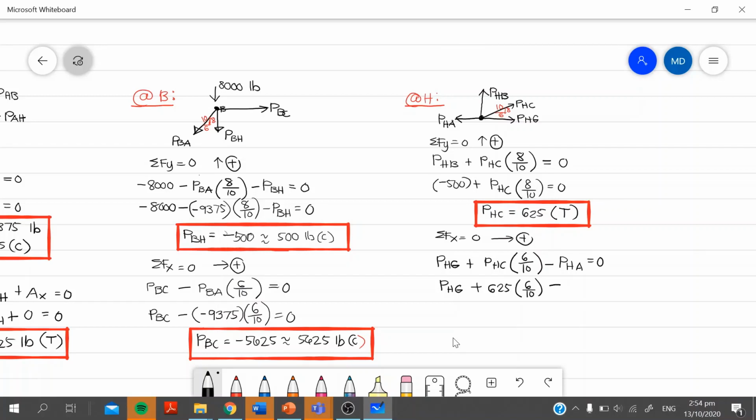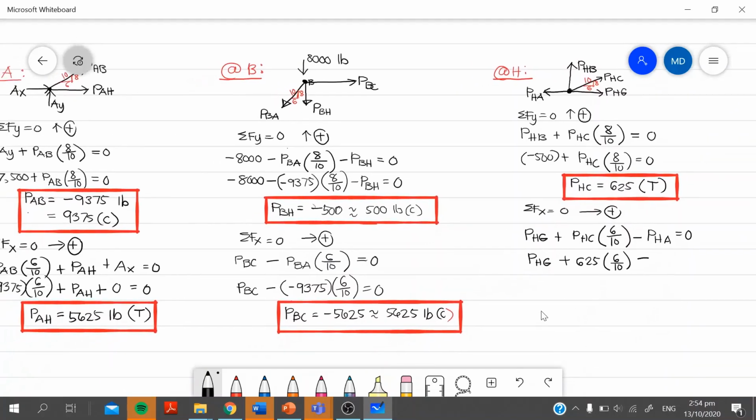It's the same as force AH. 5625 na positive. Okay? So, solve for force HG.